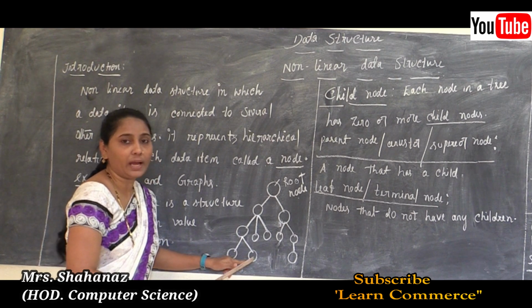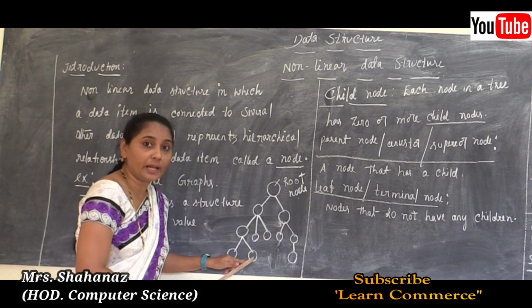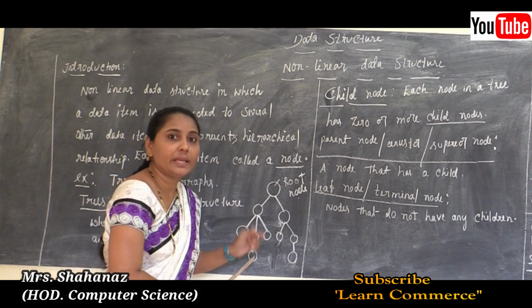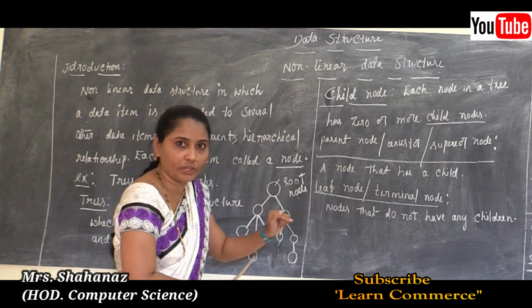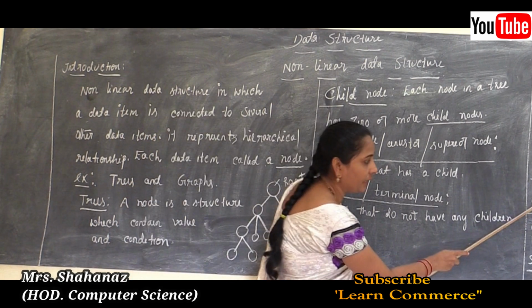Why? Because we know the meaning of a leaf node: a node that does not have any children is called a leaf node. That means an internal node is a node that has a child.